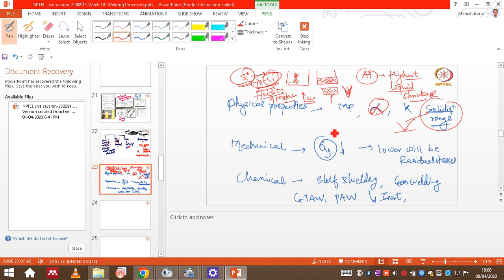Okay. And from the mechanical perspective, if sigma y is less for that particular material, then the amount of residual stresses developed is reduced here if the sigma y of the material is less.